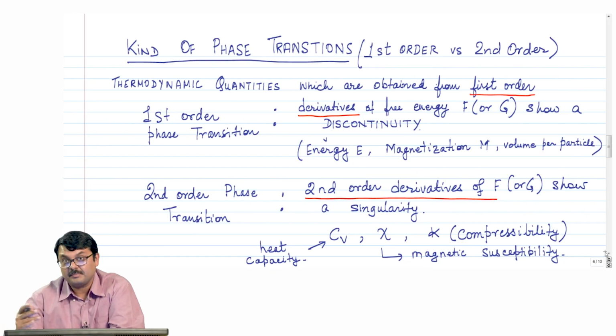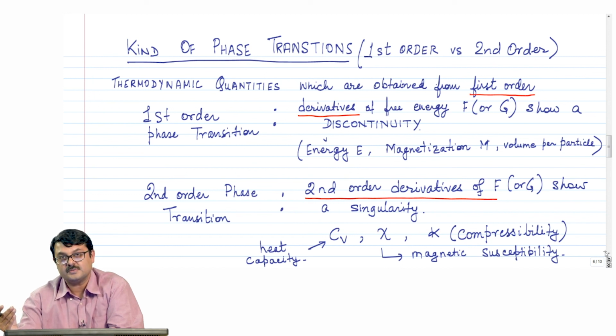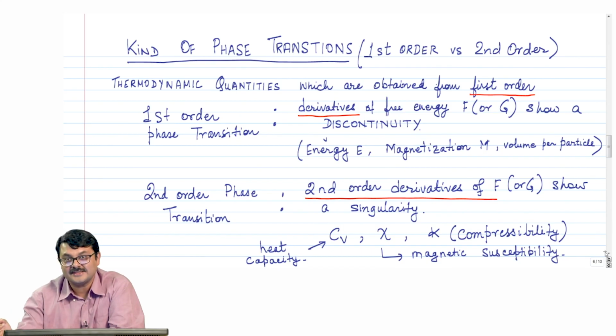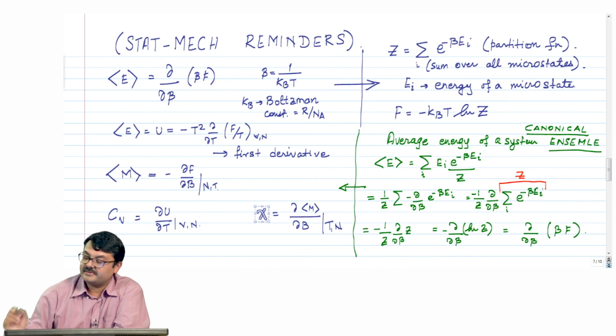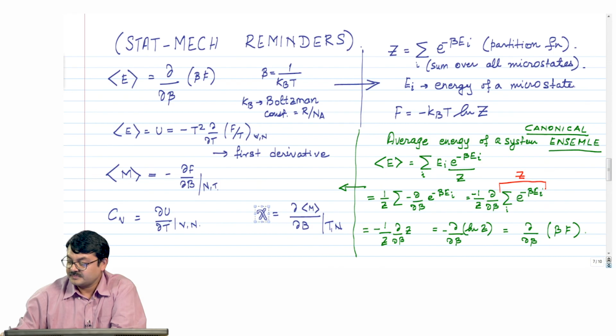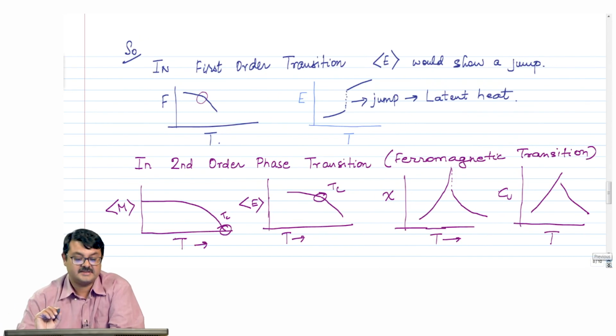If they show a jump, as when water changes to gas when you increase the temperature, it is associated with a latent heat. There is a jump in the first order derivatives, associated with the latent heat, but a ferromagnetic to paramagnetic transition is essentially a second order phase transition.